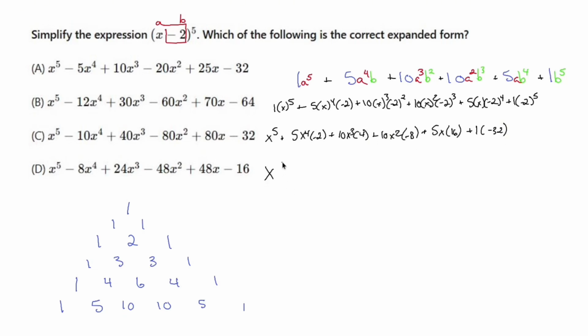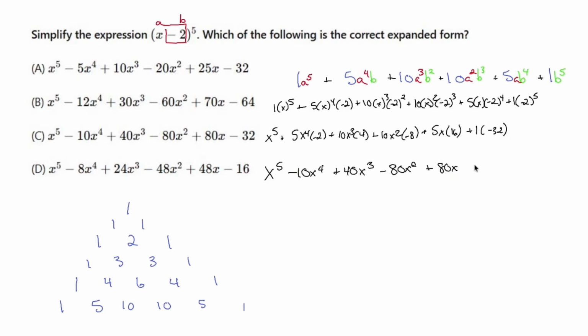X to the fifth is x to the fifth, 5 times negative 2 is negative 10, x to the fourth. 4 times 10 is 40, so plus 40, x cubed. Negative 8 times 10 is negative 80, negative 80x squared. 5 times 16 is 80, positive 80x.